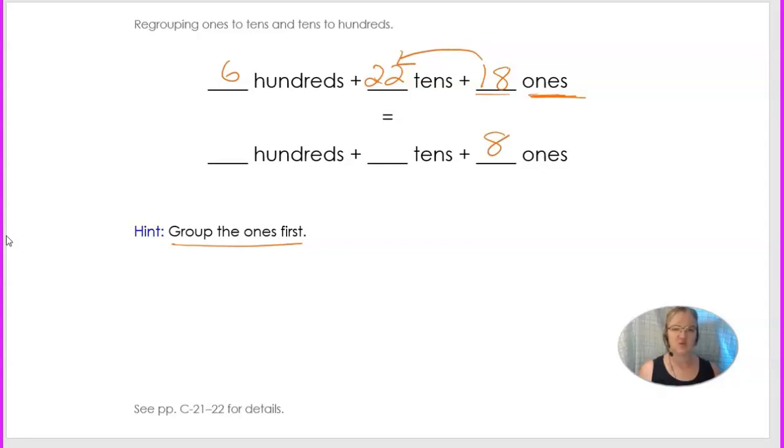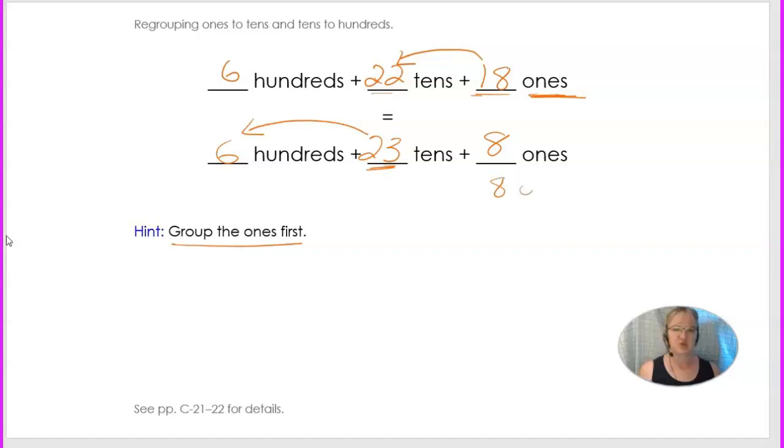Now if we move 1 ten over to here, we have 22 plus 1, which will be 23 tens. We don't want to leave it at 23 because then we have 2 digits in the 10 spot, and we can't do that. So we have to take this 2 and move it over to the 100 spot. Let's put our 6 in there. And again, we should have another row here to do this with, but that's okay.